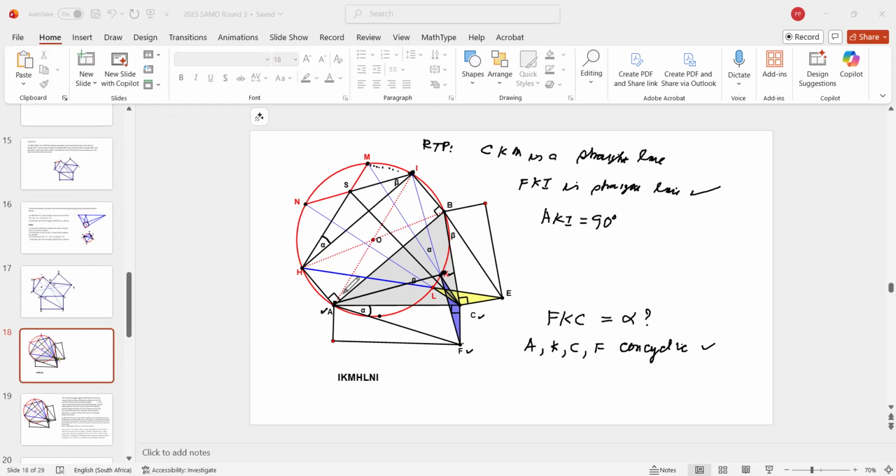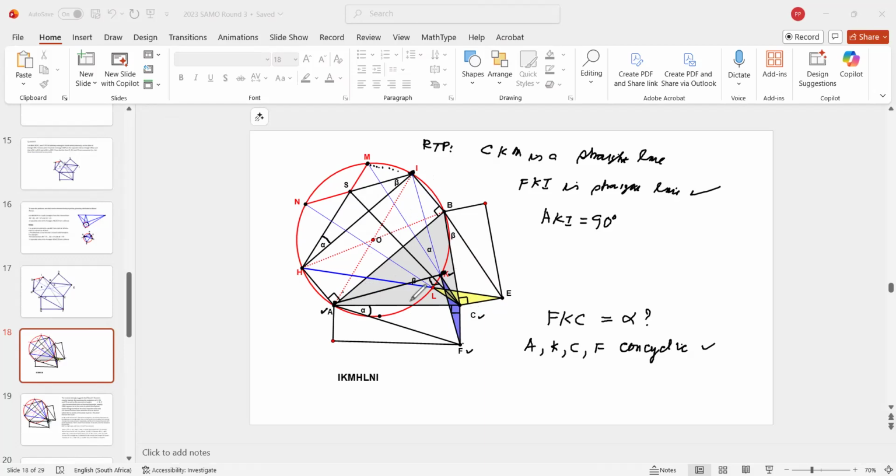AI is the diameter, and therefore AKI is 90 degrees because K is also on the circumference. Then you will say, we're working backwards now, you see, therefore AKF is 90 degrees because this is a straight line. We know this is a straight line. So AKF is 90 degrees, but AKF equals ACF.